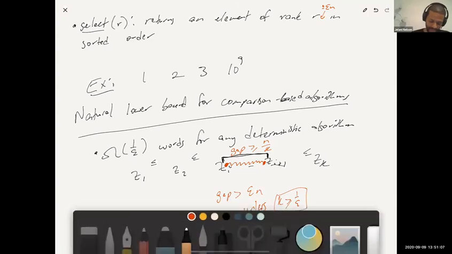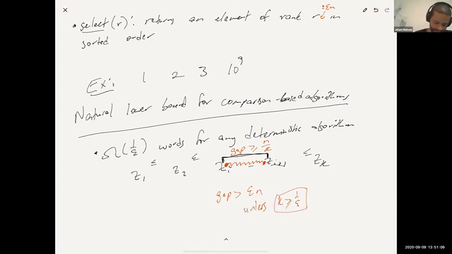More recently, in a paper just from this year by Cormode and Vesselinov, you can go read it. It's a 20-page paper, and I'm not going to cover it in the course.